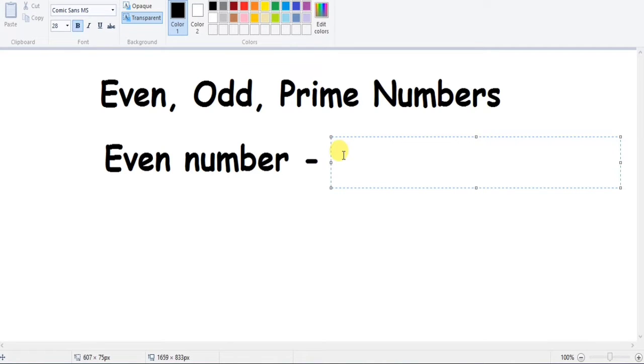Any number that, when you divide it by 2, the remainder is 0, that is an even number. So the definition is it's a number that is divisible by 2.